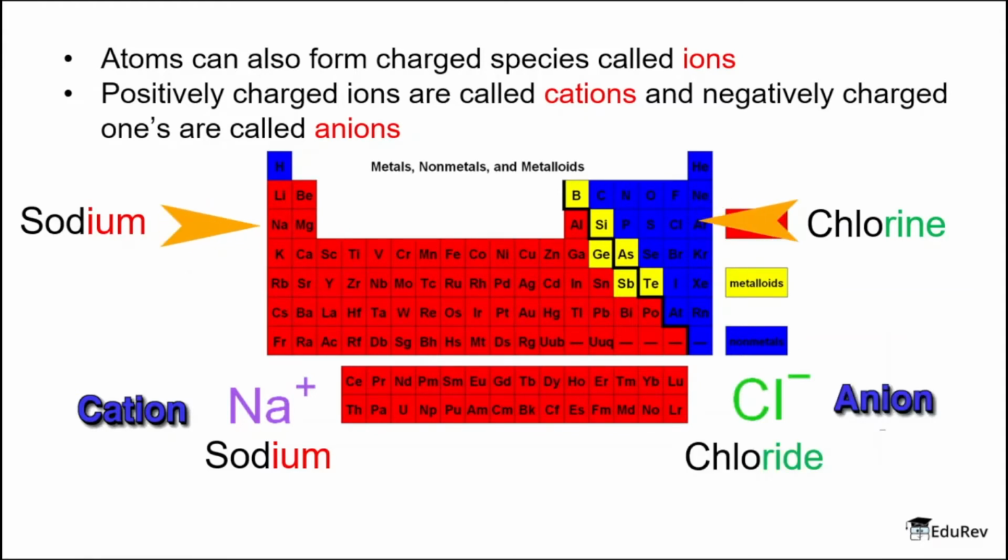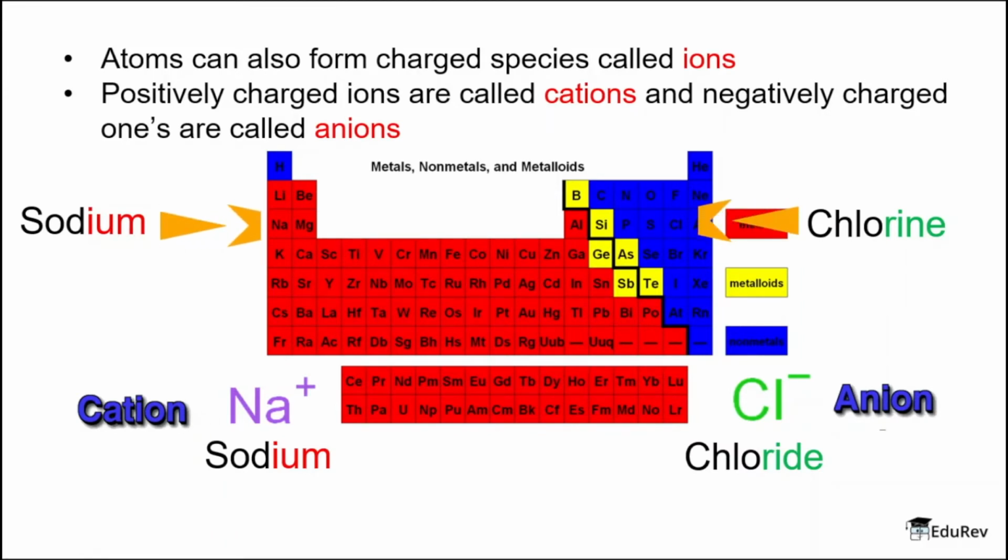Something which is important here to understand is that metals and their ions are always going to have IUM or EM in the end. For example, sodium has IUM in the end. Magnesium also has IUM. Beryllium, calcium, all the metals or positively charged species, or species which have a tendency to form positive charges, are always going to have IUM in the end.